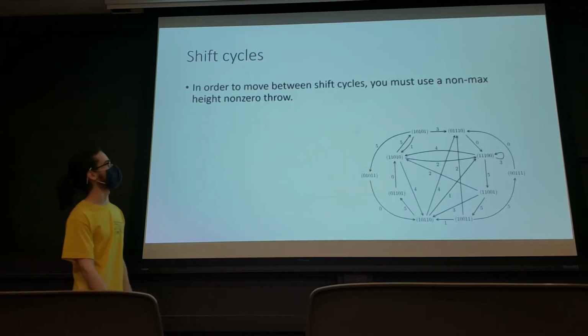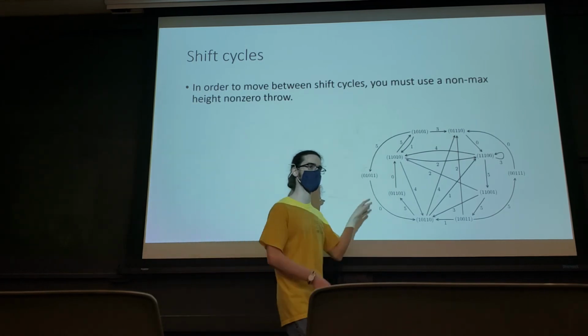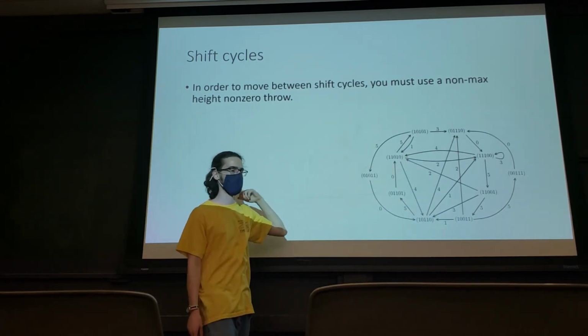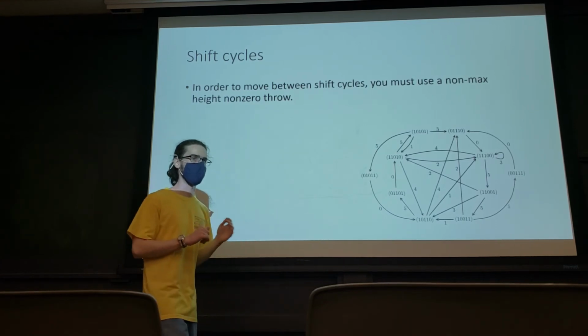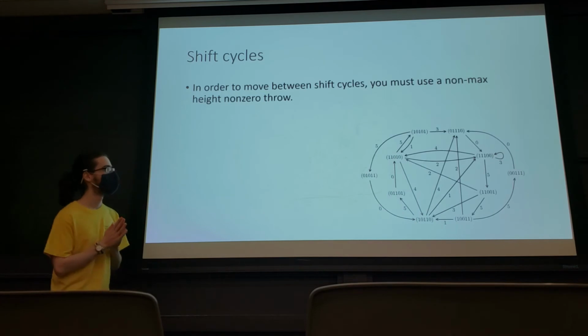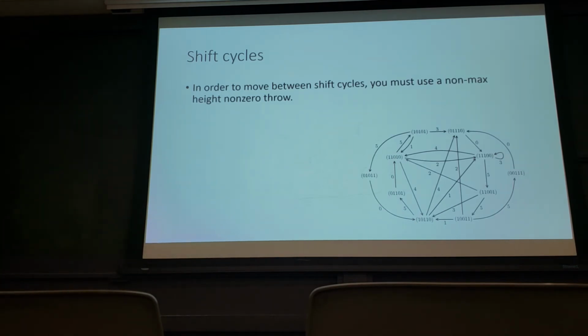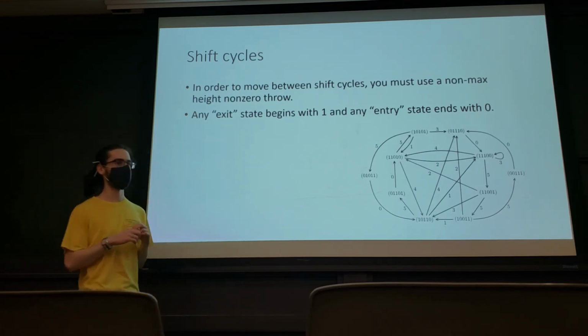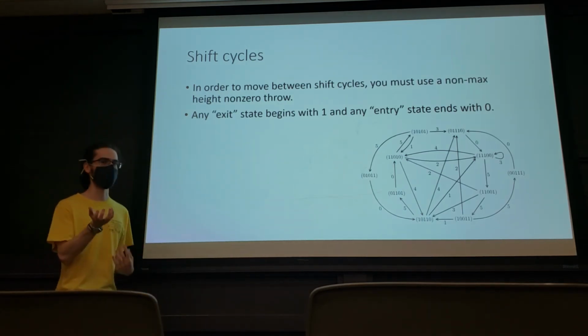The key observation is that if you're considering some juggling pattern and it goes through a lot of shift cycles, every time you move between shift cycles, you have to use a throw which is neither a max throw nor a 0 throw. It's sort of by definition. But that means that any so-called exit state has to begin with a 1. In other words, there has to be a ball in our hand.